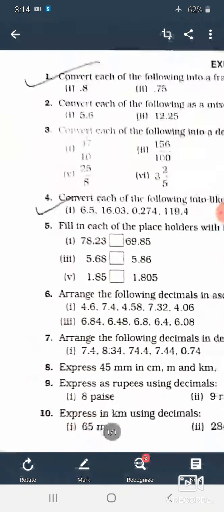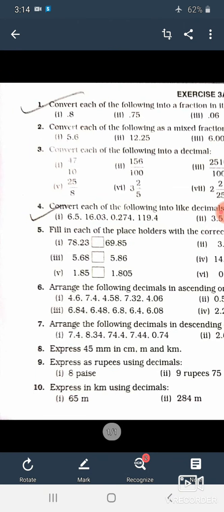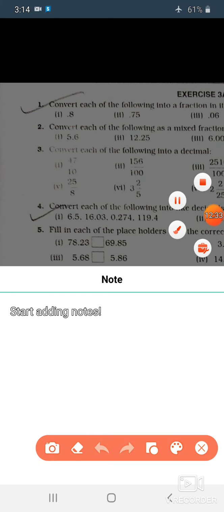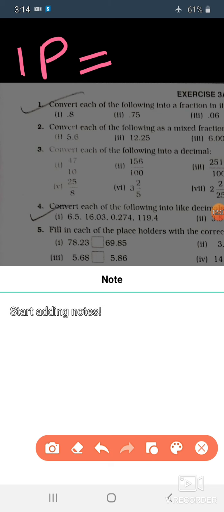That is question number 9. It says express 8 paise as rupees using decimals. Okay, let's see. 8 paise into rupee. You know that 1 paise is equal to 1 upon 100 rupee.